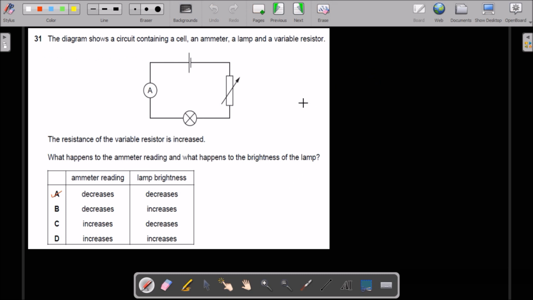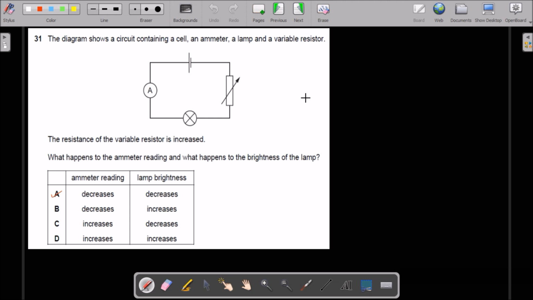Question 31. The diagram shows a circuit containing a cell, ammeter, lamp, and a variable resistor. The resistance of the variable resistor is increased. What happens to the ammeter reading and what happens to the brightness of the lamp?